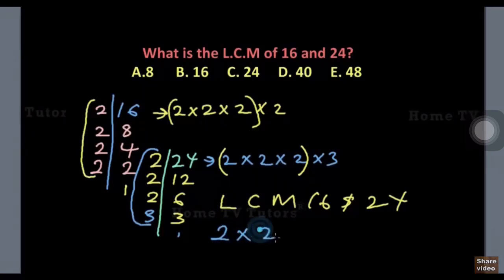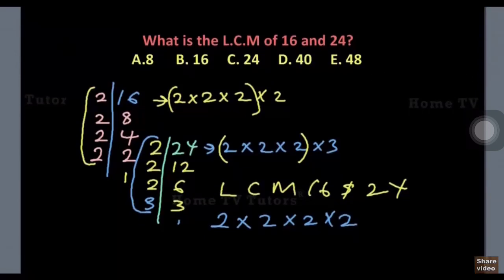So all we just do is to add those 3 2's and the last 2 which is among the factors of 16, and the 3, which is among the factors of 24. We are not adding any 2 from 24 because it already appeared in the factors of 16. So that leaves us with 2 times 2 times 2 times 2 times 3 gives us what?